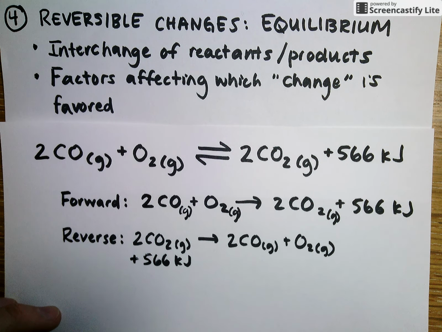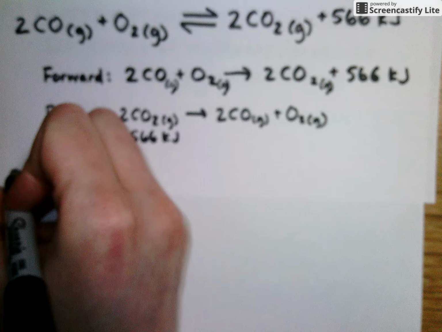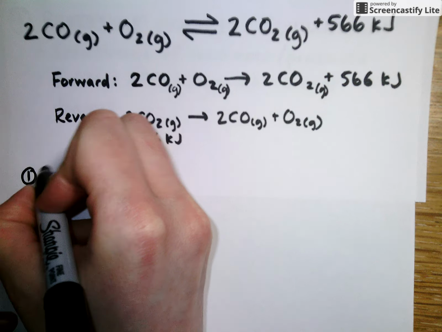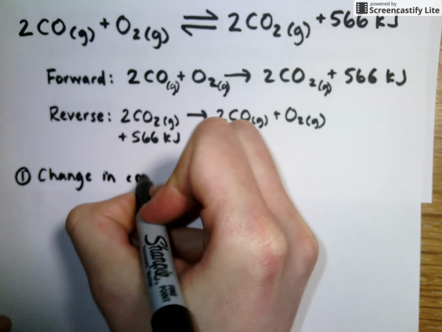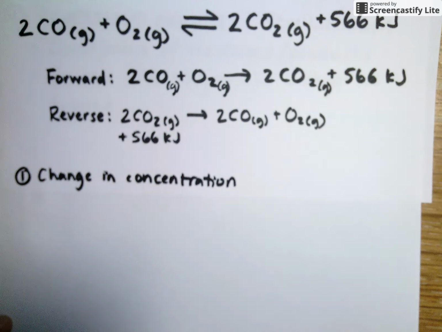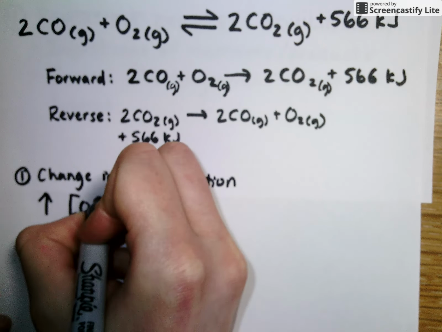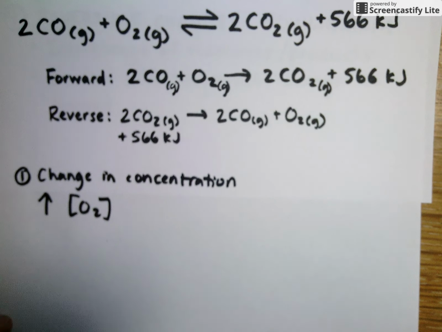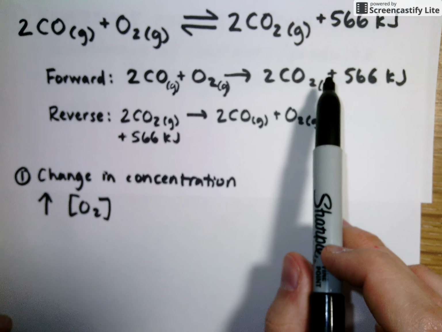And there are three things that can cause those types of disruptions. And the first one is changing the concentration. So change in concentration can disrupt chemical equilibrium. If I increase the amount of, let's say, oxygen that's introduced to this system, so increase my concentration of O2, what I find is that that adds more reactants for the forward reaction to take place.